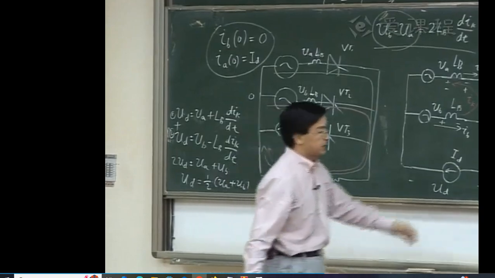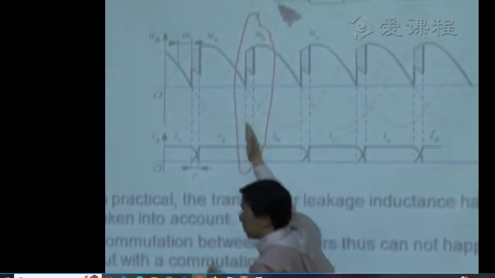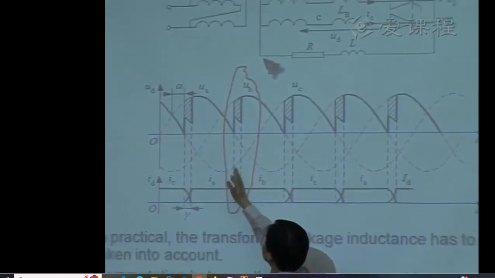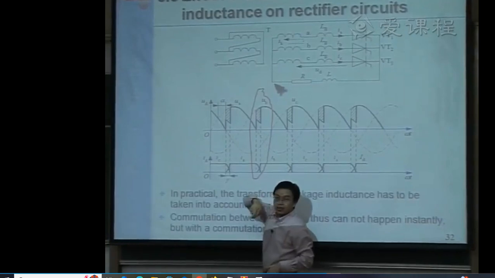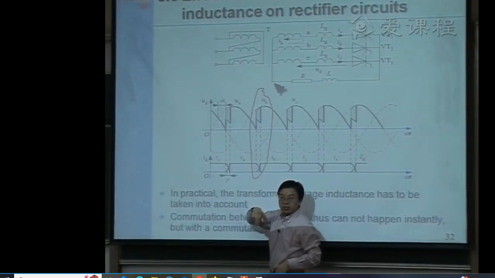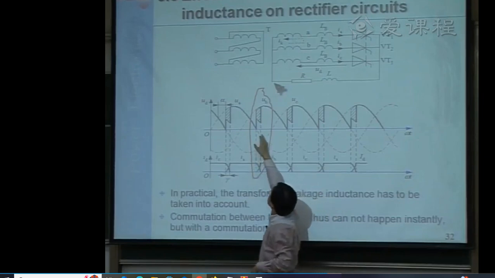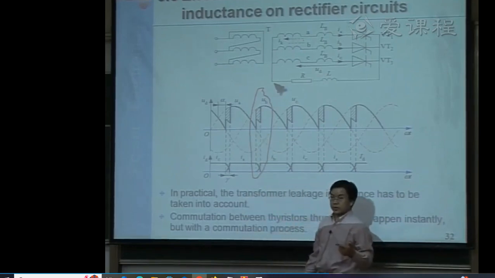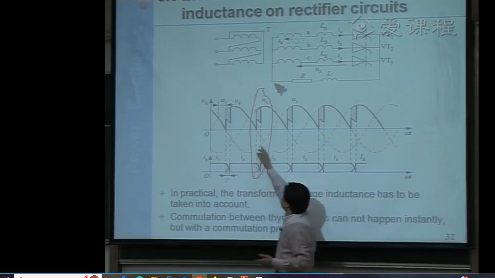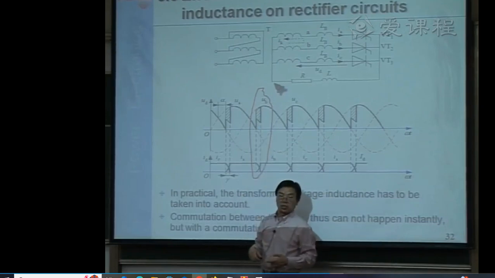So if you look at this waveform here, during this process, if we do not consider this leakage inductance, this voltage will be changing from UA to UB instantly. But the actual case is that when you have leakage inductance there, the voltage between this point and this point will be neither UA nor UB. It should be the average value, this line here, the average of UA and UB.